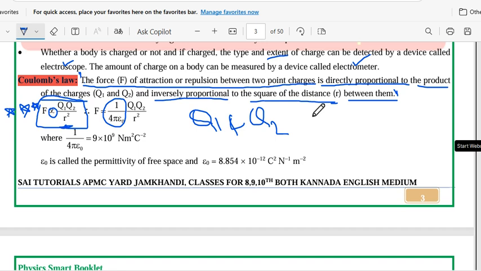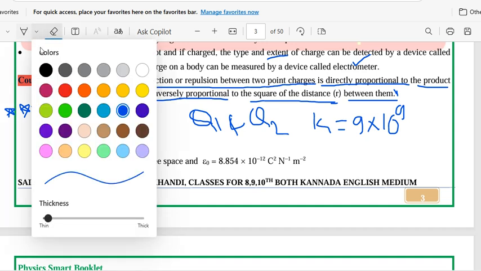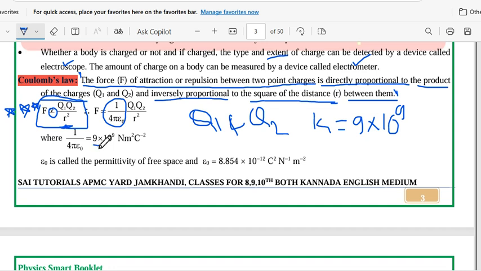The proportionality constant k is nothing but 1 by 4 pi epsilon naught, whose value is equal to 9 into 10 to the power of 9 Newton meter square per Coulomb square. See guys, it is a very important factor that we need to remember.